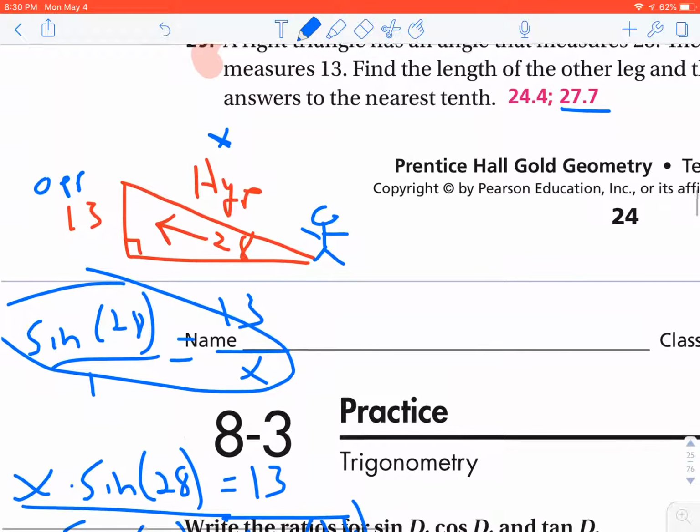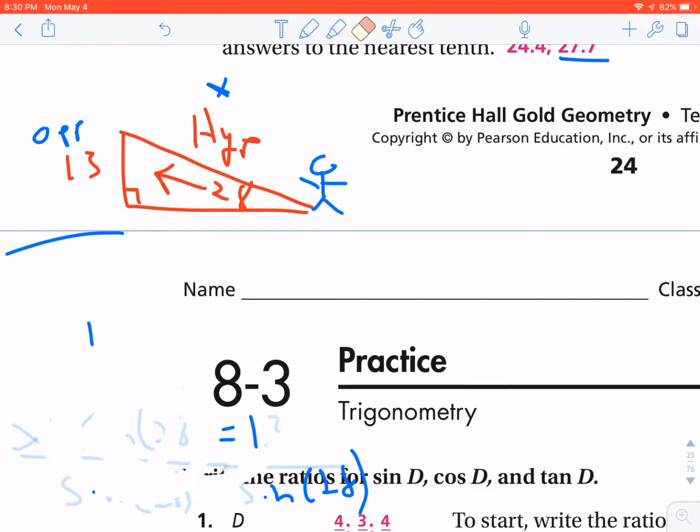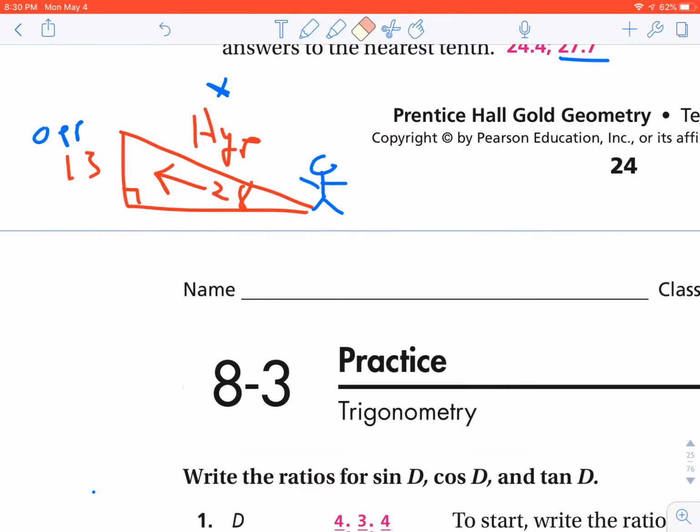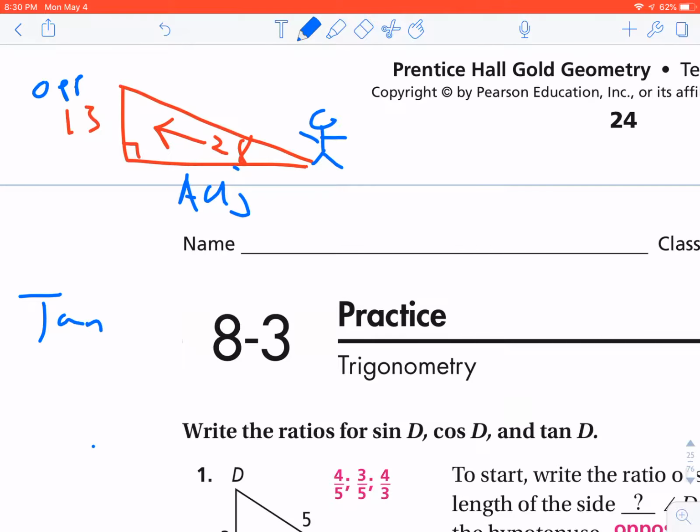Okay? And then now, if you were inclined to use trig again, you are not finding the hypotenuse this time, you are looking for the adjacent, so you would use the tangent function. So you would do the tangent of 28 is equal to opposite, which is 13, over adjacent x.